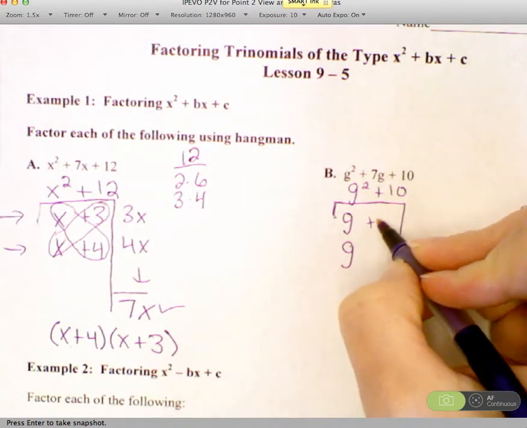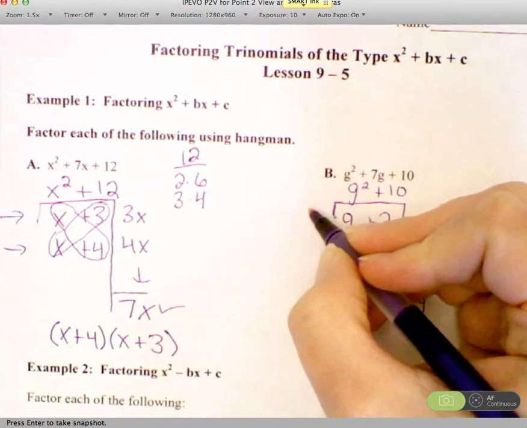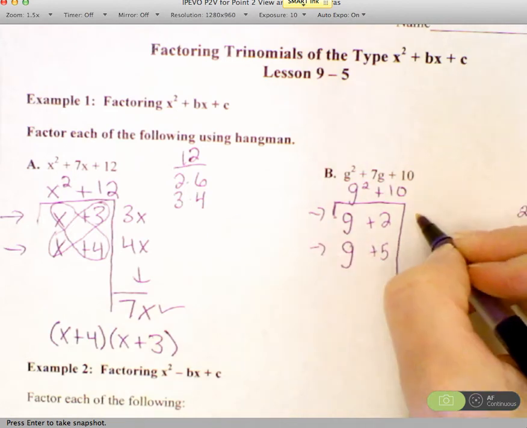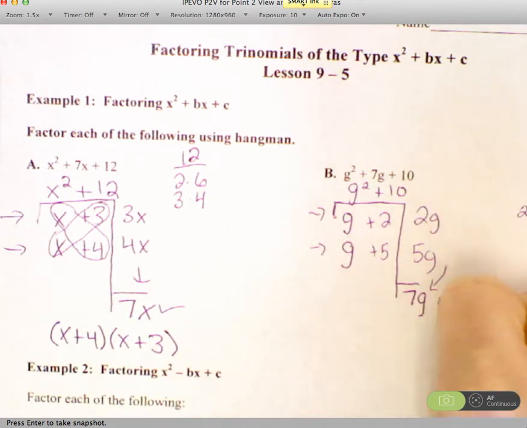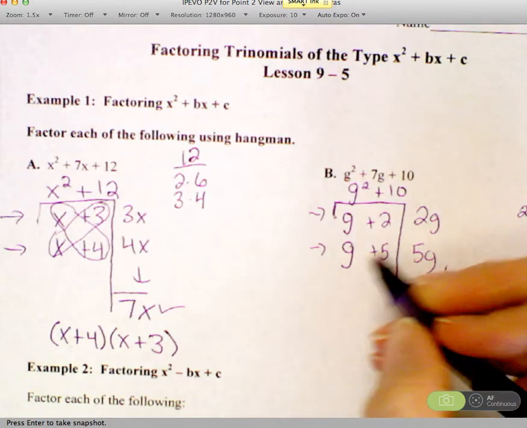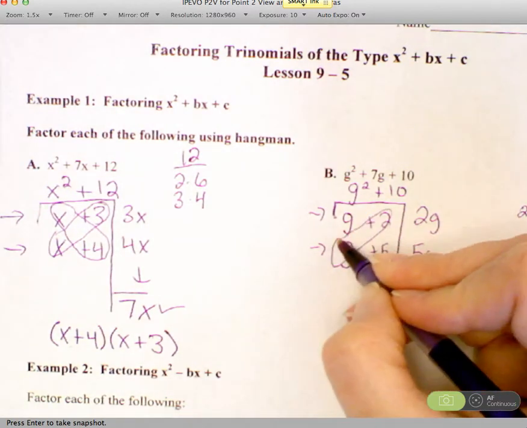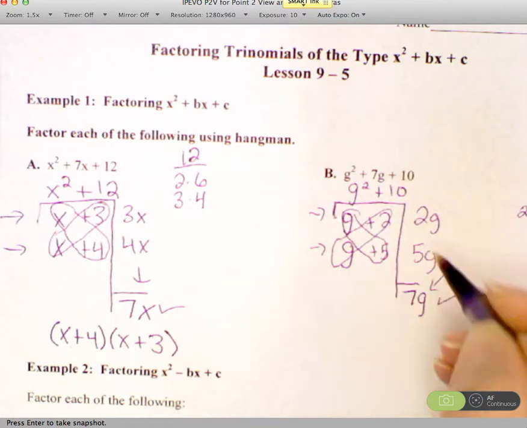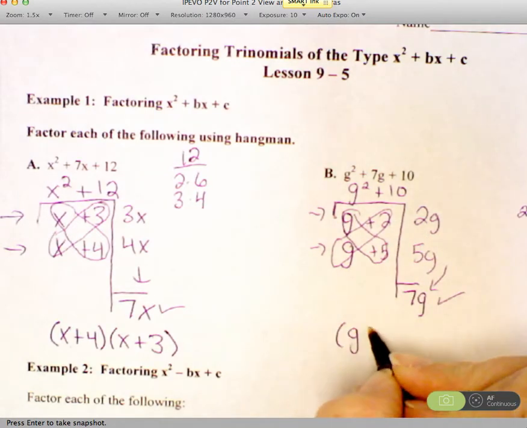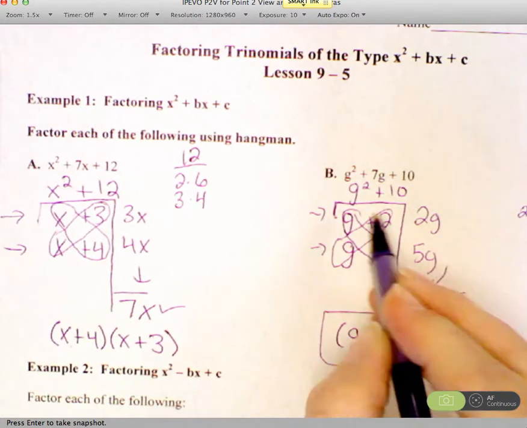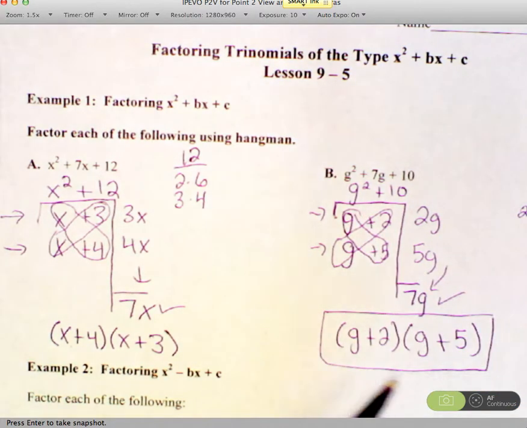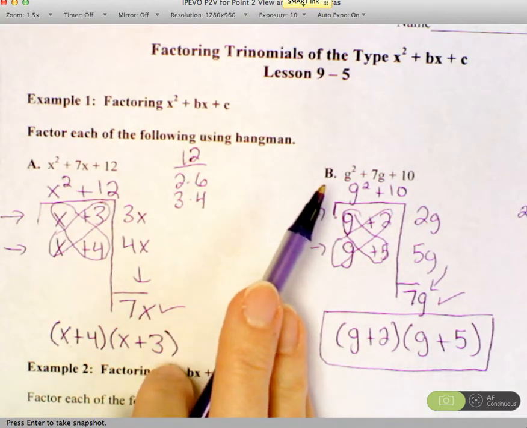So we put in 2 and 5, and to confirm, we multiply across. We get 2g and 5g, which does give us 7g. So our factors are g plus 2 and g plus 5. We circle diagonally, and those are the factors for that trinomial. If we multiplied both of these binomials, we would end up with this trinomial.